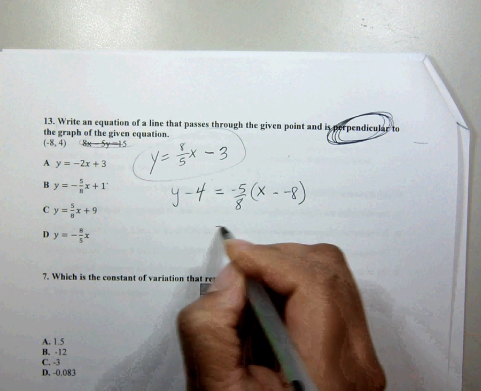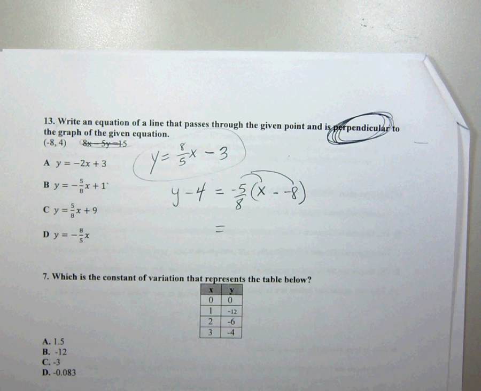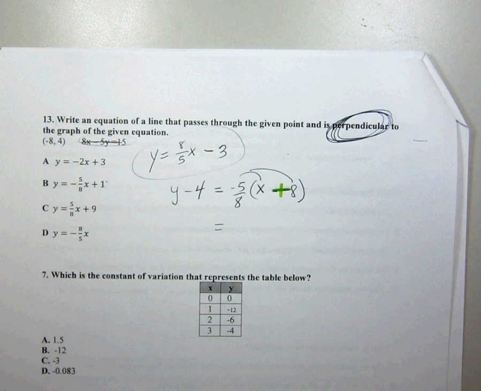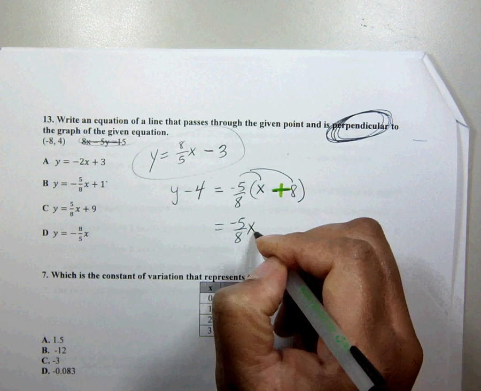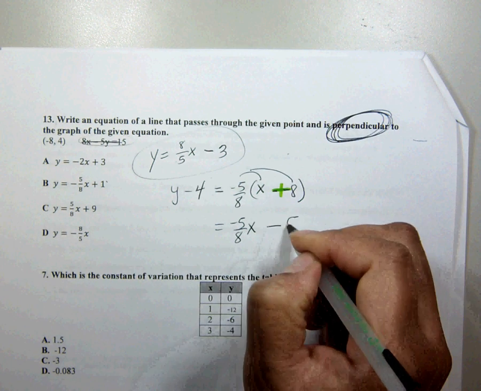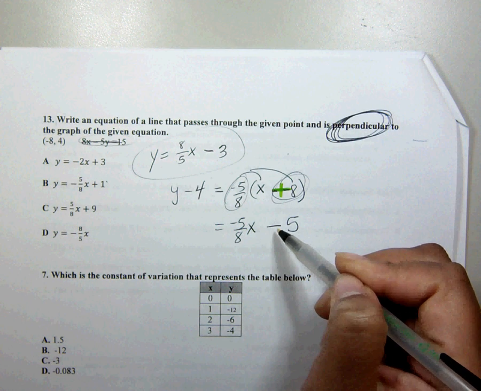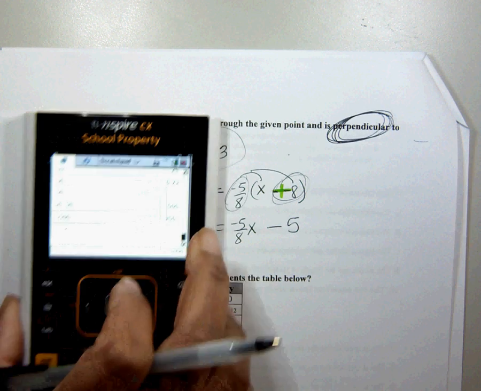Okay, so now we distribute. Uh-oh, almost. Before you distribute, you need to make that a plus sign. Now we distribute. Negative 5/8 x, and then this becomes minus 5. This times this gives you a negative 5, so we write minus 5. And remember, you can put that in the calculator.